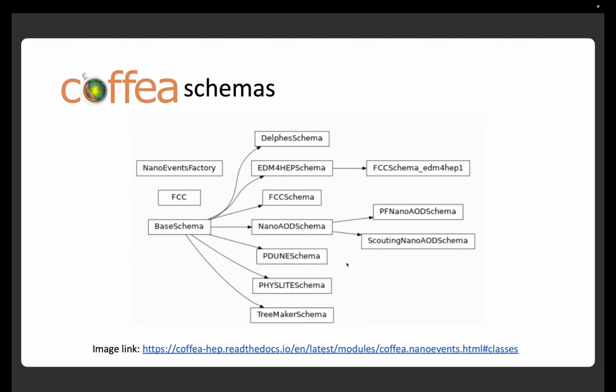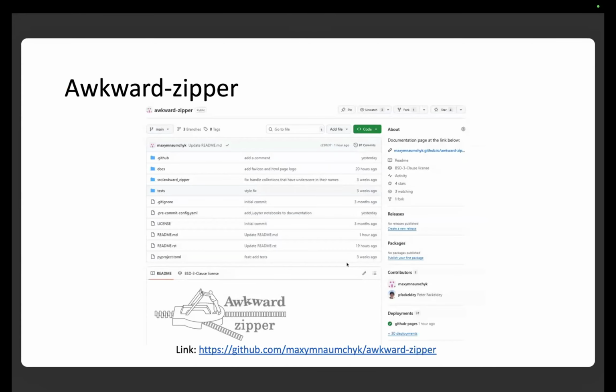The idea was to make it a separate package. Many people want to restructure Awkward Arrays, and if you want to restructure an Awkward Array in a way that's meaningful to you, maybe you shouldn't have to use Coffea. Maybe it should be a separate package.